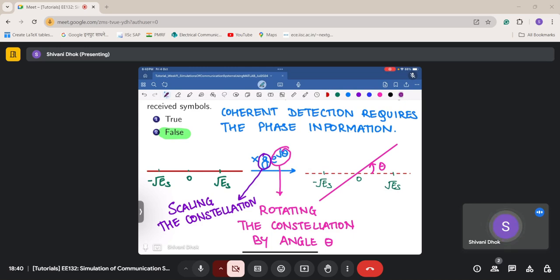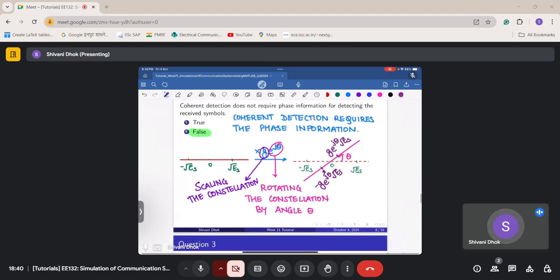So then we have some sort of scaling also. Let's say g is between 0 and 1. So this point here will be g e power j theta root Es, and this point here will be equal to minus g e power j theta root Es.